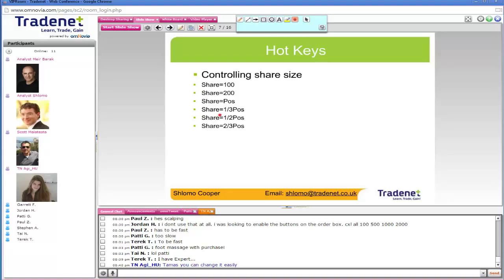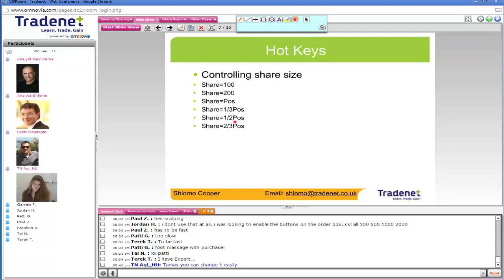Share can also be a partial of your position, like a third of the position or half of your position. Let's say we want to take a partial with a hotkey. I can place share equals half a position, and that means I want to sell half of my position right now. Bear in mind that when we take partial profits in our trading, we are always cutting half of our position.